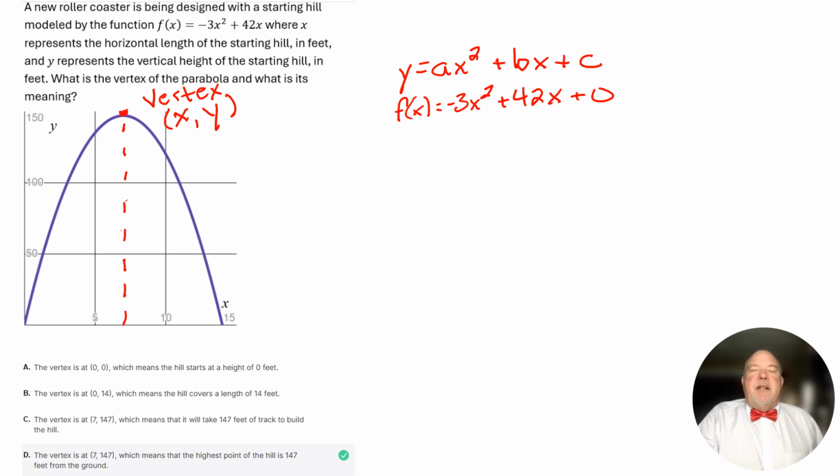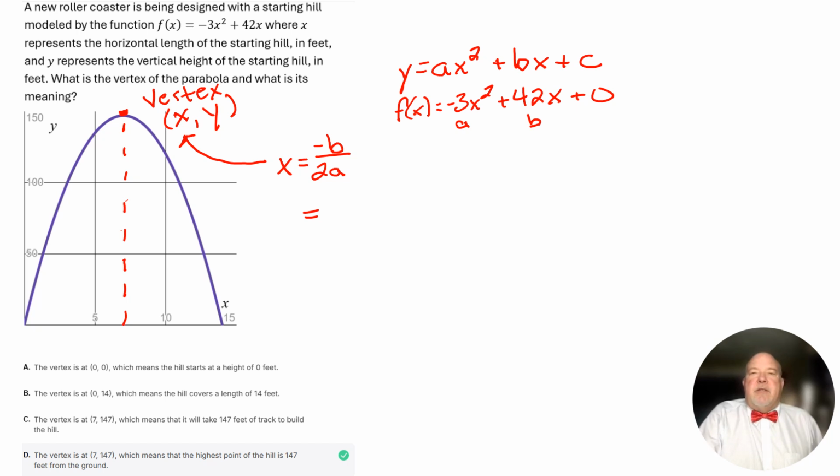So the trick for finding the x coordinate of the vertex, which is also the location of the axis of symmetry, there's a formula that says x equals, and this is something you'll want to memorize, x = -b/(2a). Here's my a value, that's the -3. 42 is my b value, and so I'm just going to plug those in.